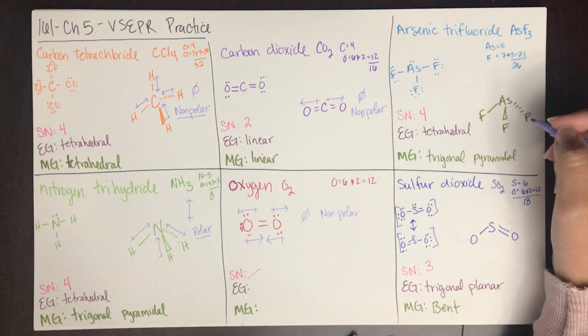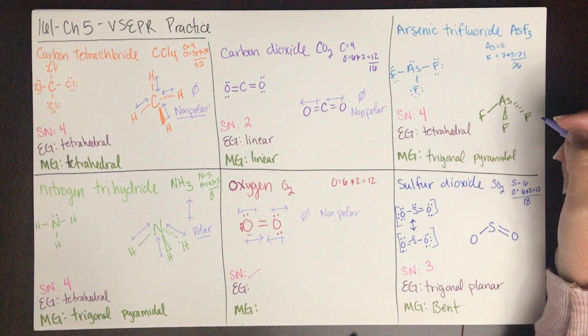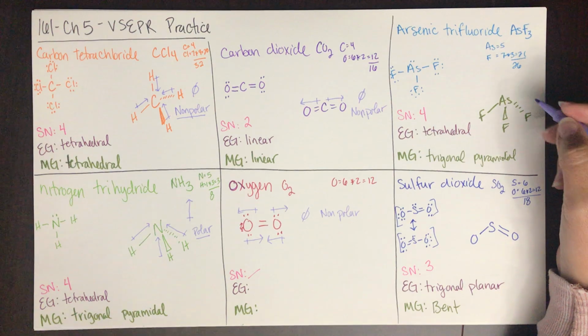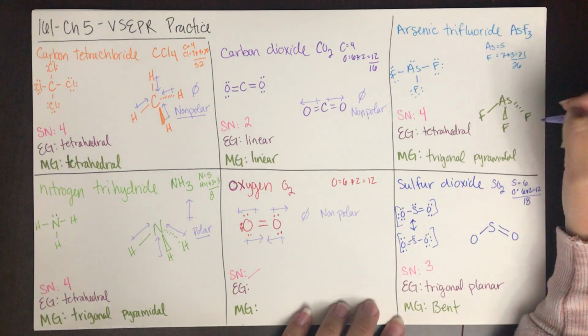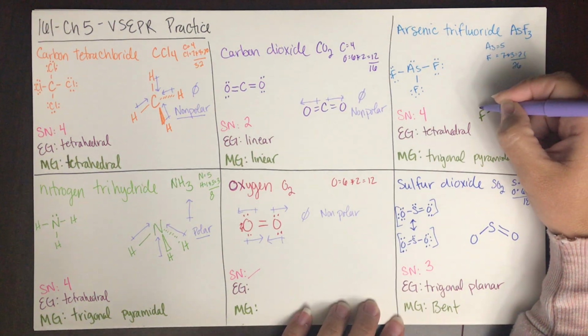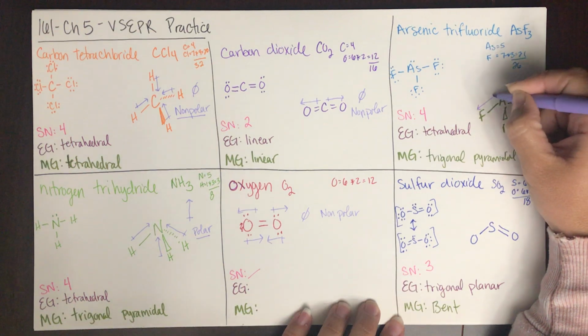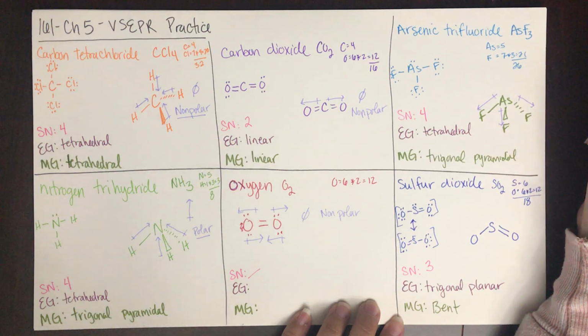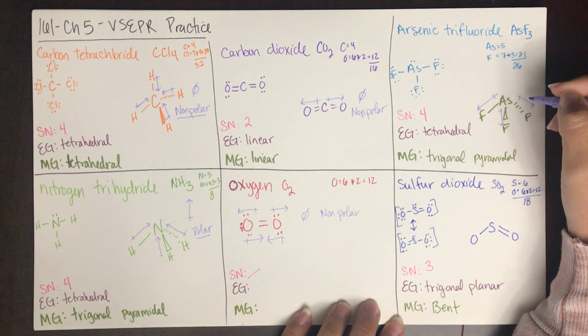Okay, so let's keep going. Here's our arsenic trifluoride. We are drawing vectors. Fluorine is the most electronegative, so we're going to draw vectors towards the fluorine. Again, these are equal in magnitude, but not in direction.